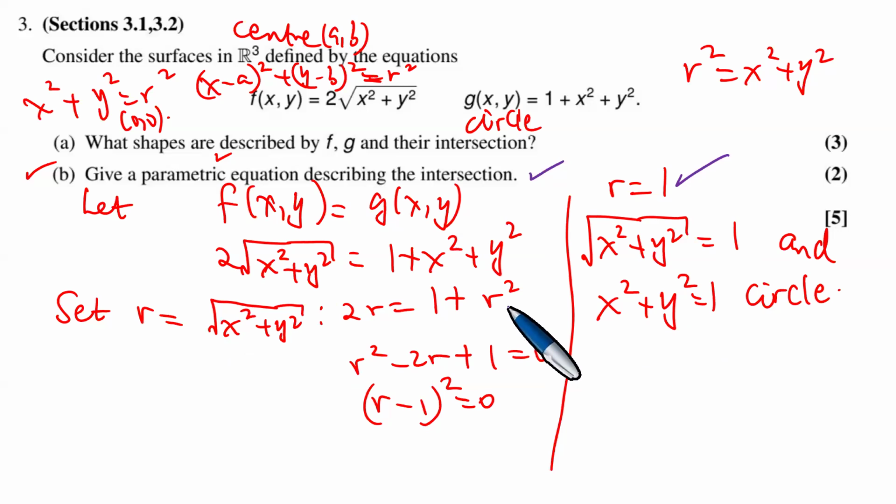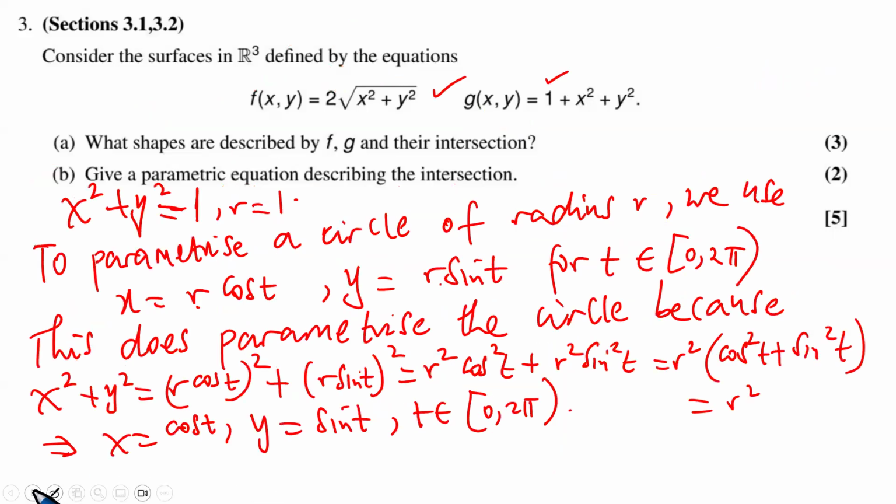Therefore, to parameterize the circle of radius r, we use x equals these, for t an element of 0 to 2 pi. These do parameterize the circle, and that is the answer.